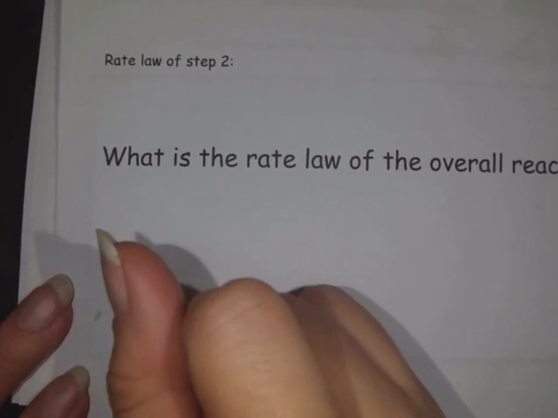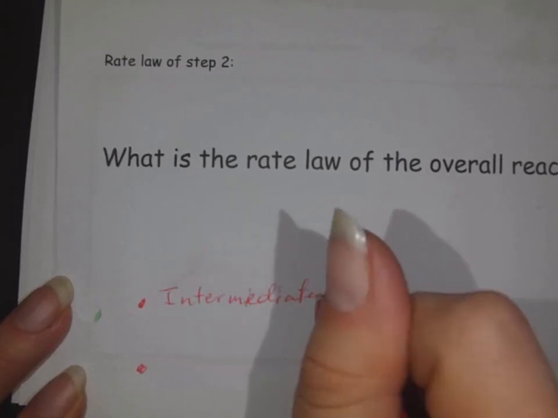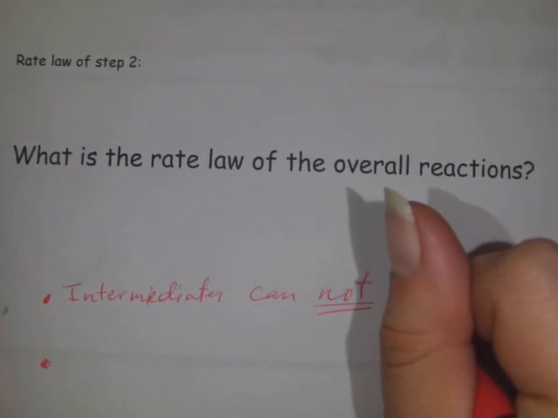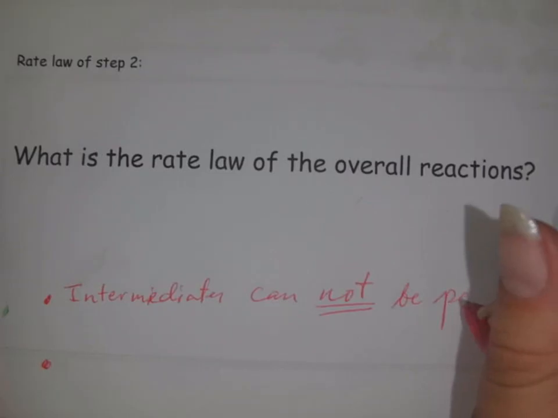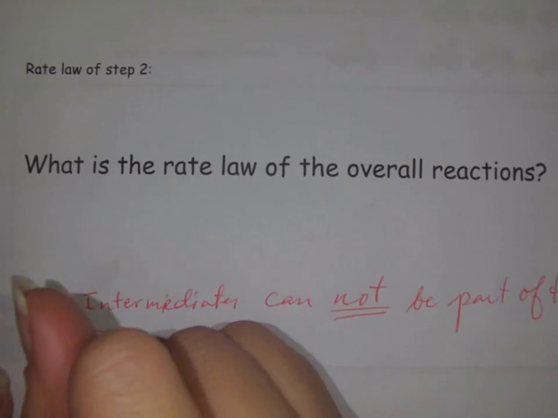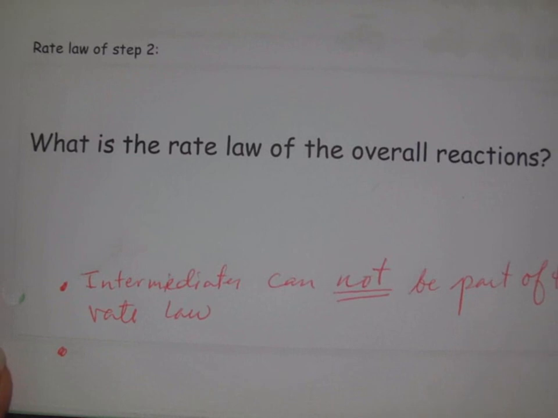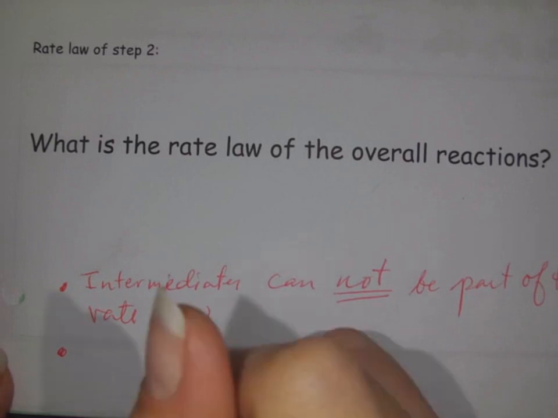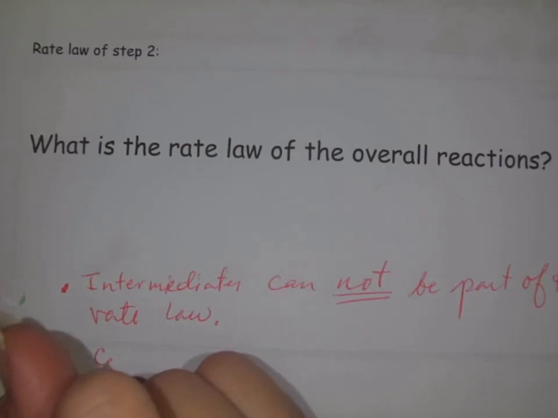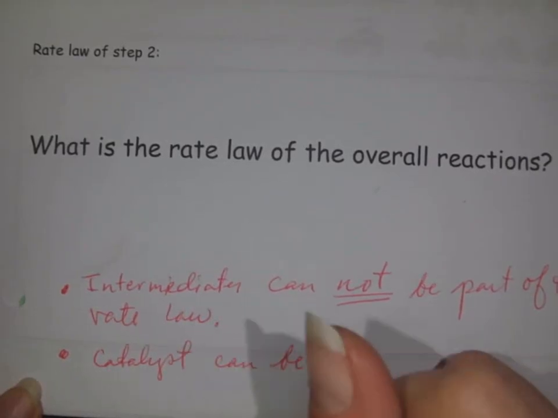So, intermediates cannot be part of the overall rate law. Catalysts, on the other hand, can. So catalysts can be part of the overall rate law.